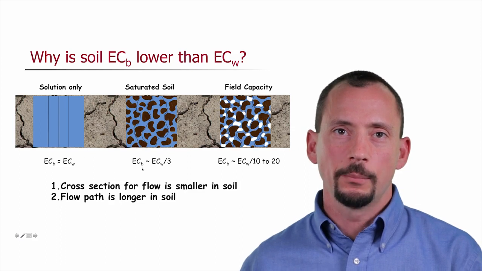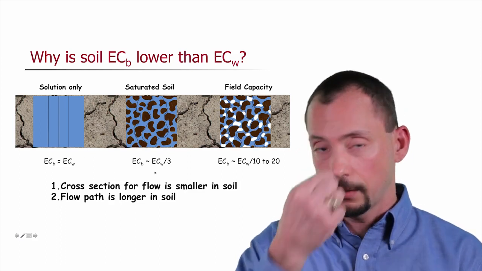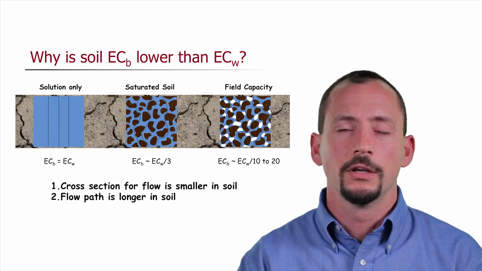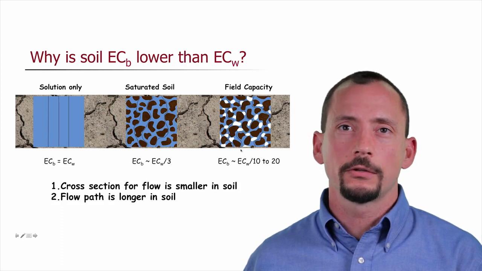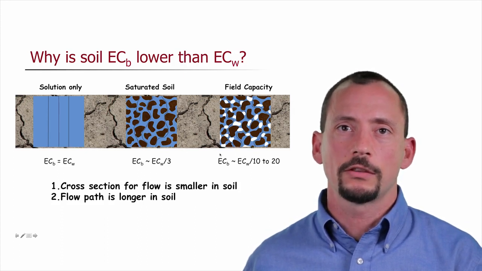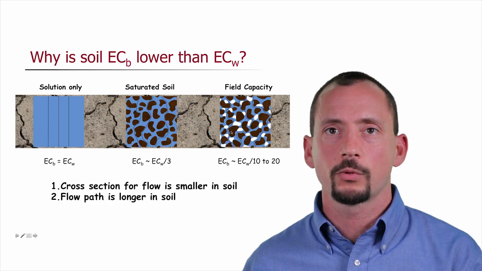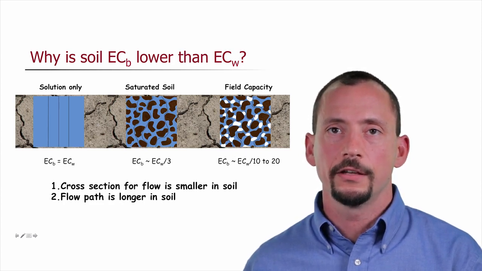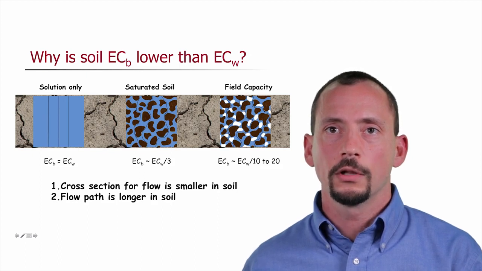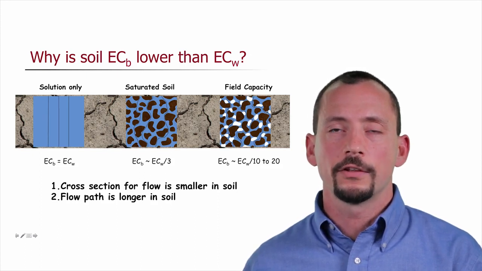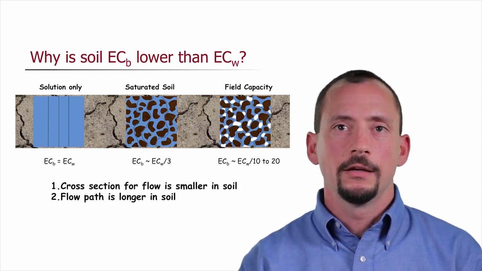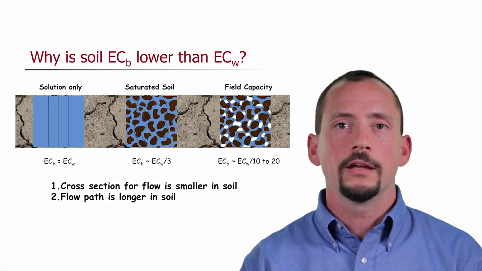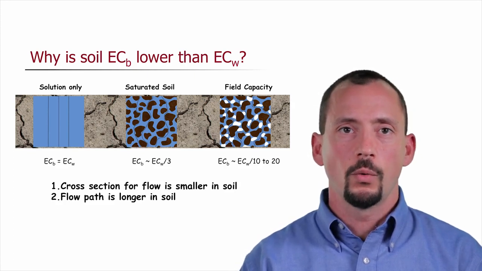So in this case, the bulk electrical conductivity is maybe something like the soil water electrical conductivity divided by 3. Now, if we add in some air, if we go to field capacity, if we desaturate the soil and add some air voids, then these pathways are even longer, even more tortuous. And so depending on the water content and depending on the total surface area of water that's available to conduct those electrons, the bulk EC now is maybe 1/10 or 1/20th of the soil water EC.